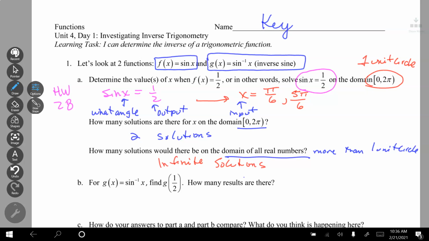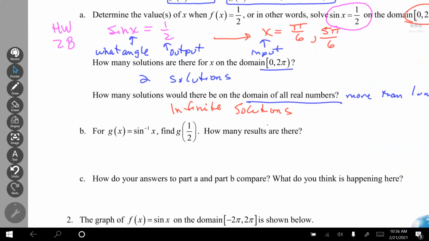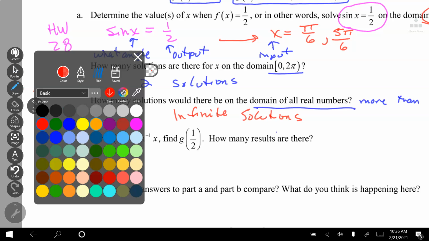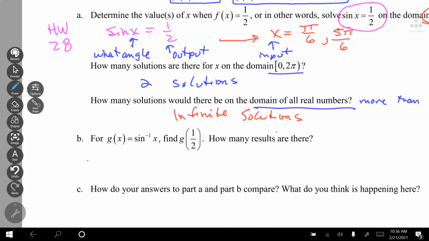Many, many solutions. So now we're going to think in reverse a little bit. Instead of doing f of x equals sine of x, let's do the inverse function. So if we do it the other way around, I'm saying g of 1/2 is equal to inverse sine of a half.